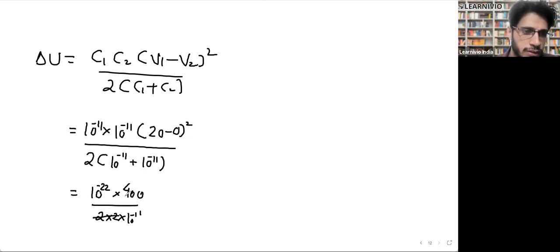So this 4 gets cancelled out, this is 100. So this will be 10 raised to the power minus 9. This is the loss in energy.